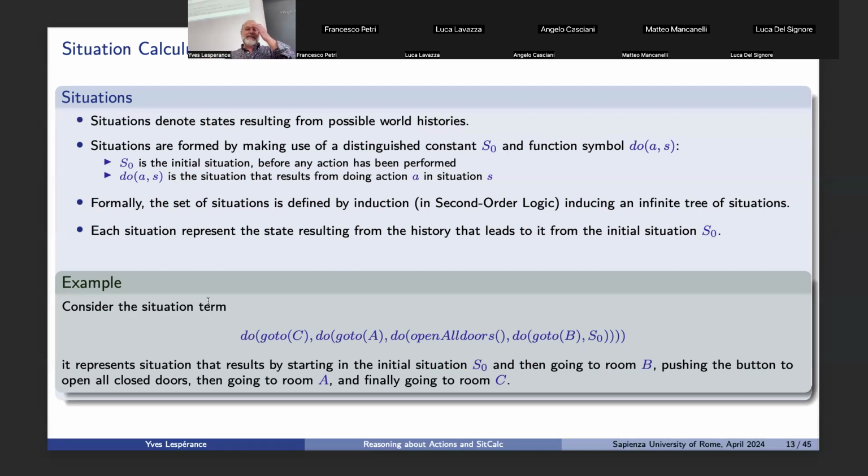So consider this example. Suppose I have this situation term. What does this represent?